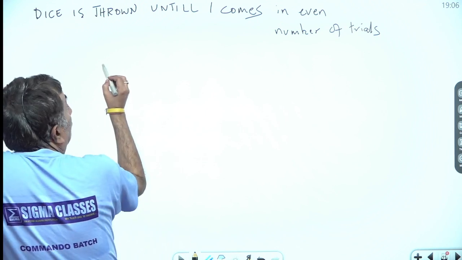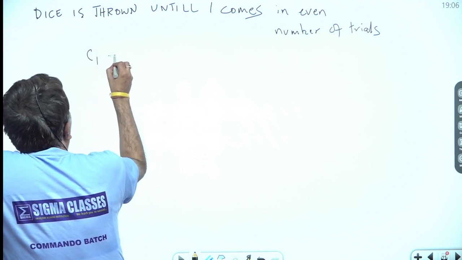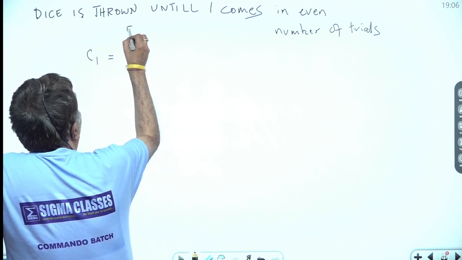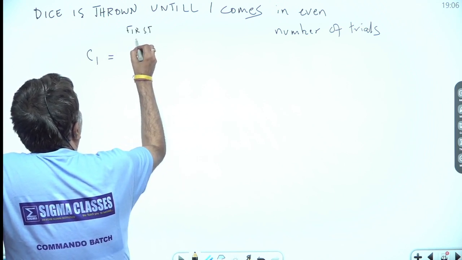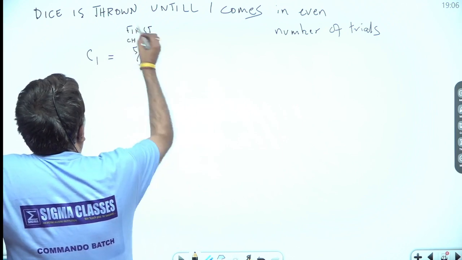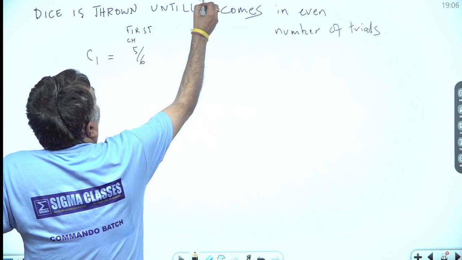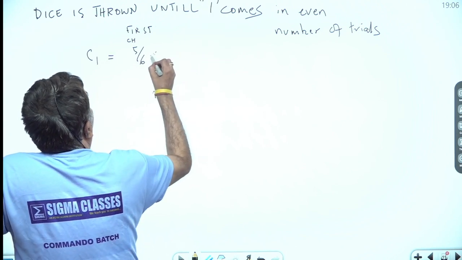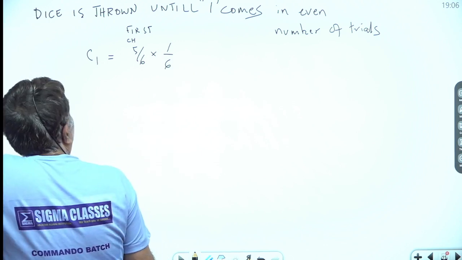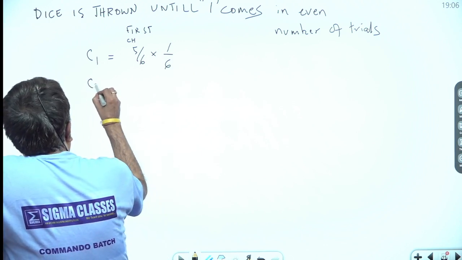So the case 1 will be, even number would mean in first chance 5 by 6 until 1 comes, and the next time this is the success.